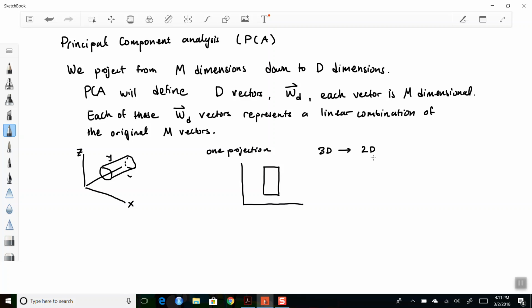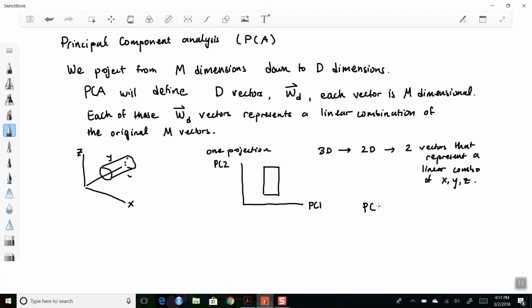Here we're going to create two vectors that represent a linear combination of X, Y, and Z. Okay? And according to this then, I'll call these PC1 and PC2.